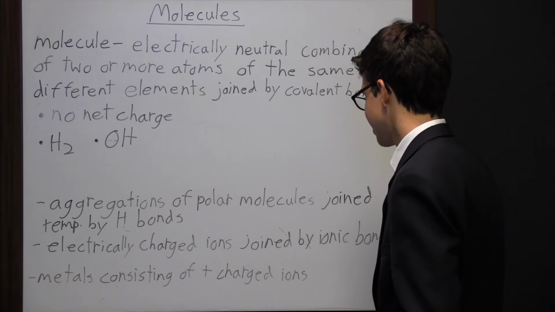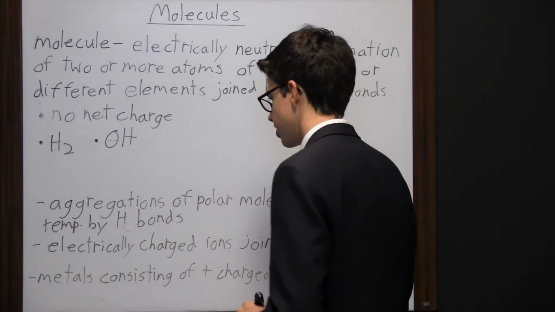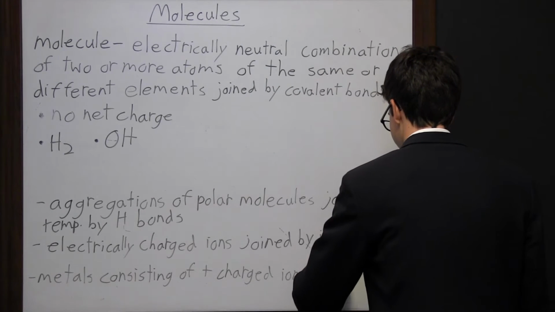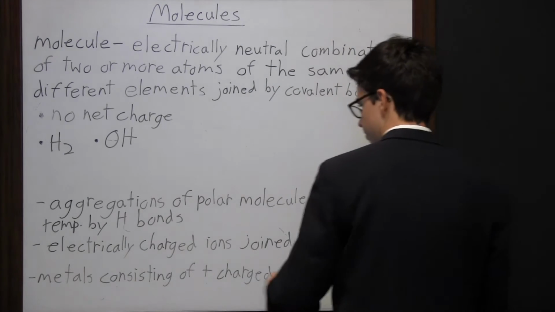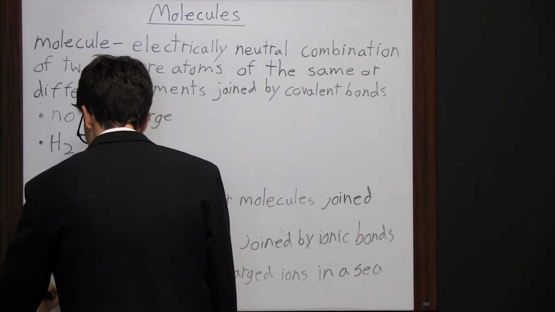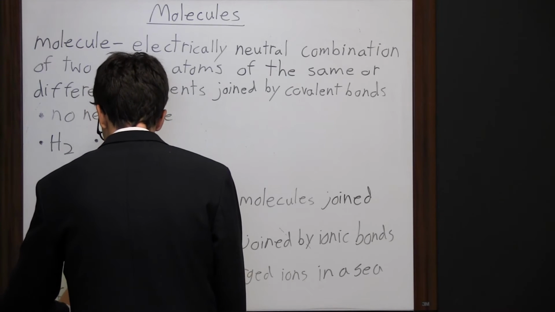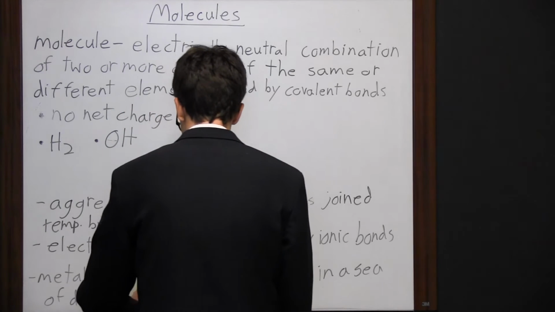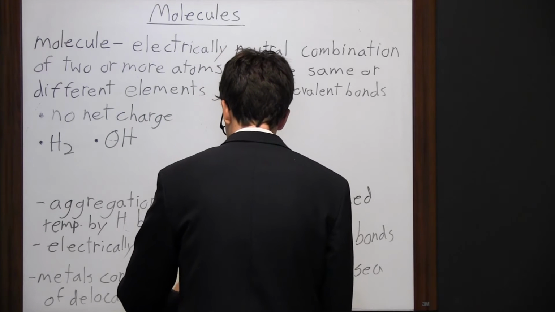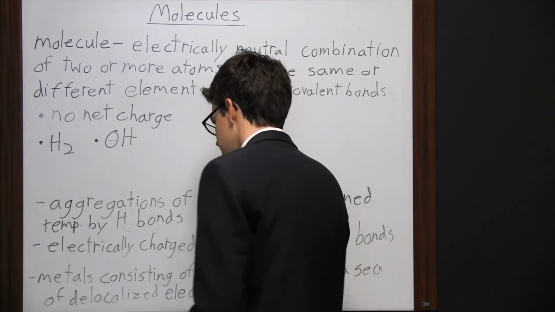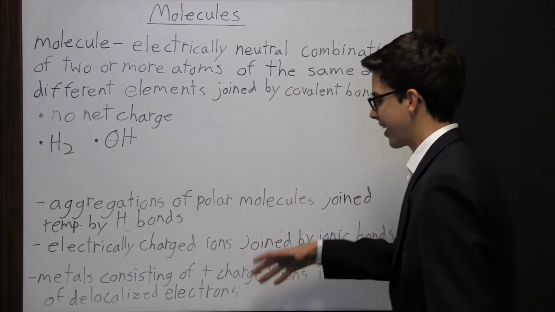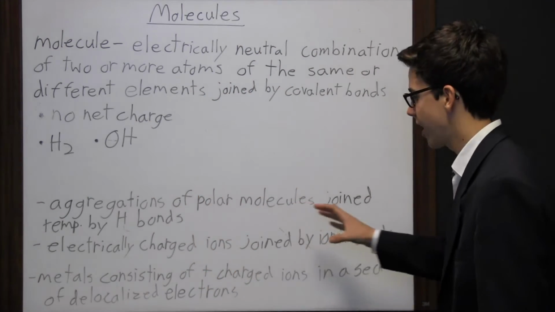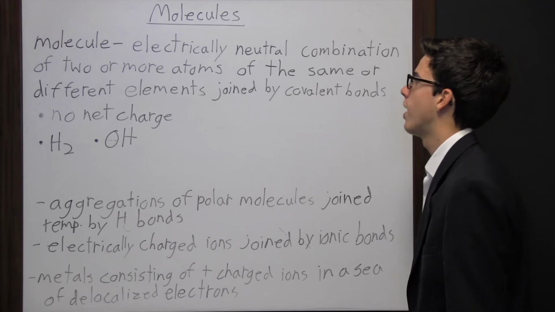And then finally, metals consisting of positively charged ions in a sea of delocalized electrons. So these three substances that I just listed, you may be inclined to classify these as molecules, but they actually are not. So I just wanted to warn you about those.